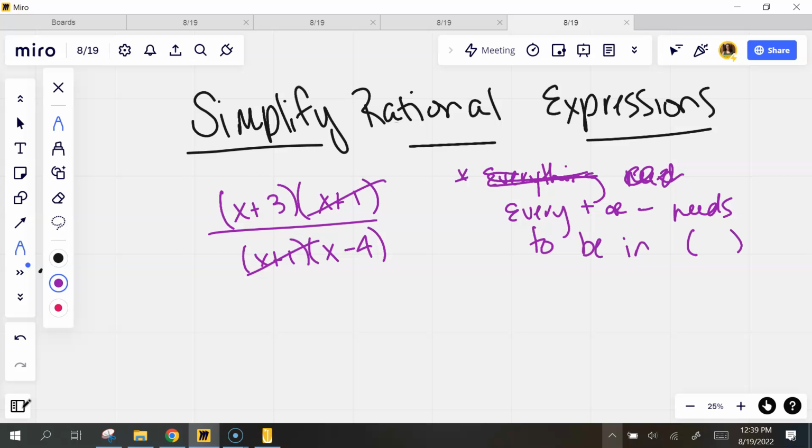If you have something like, you see the poster up there where it says, bless you, x squared plus 2x plus 1 over x squared plus 3, and it says every time you do this, a kitten dies. Those plus or minuses are not included in parentheses, so they don't just cancel. It would have to be like that, and then I don't have another x squared plus 2x plus 1 in the bottom, and I don't have another x squared plus 3 in the top. So nothing cancels there.